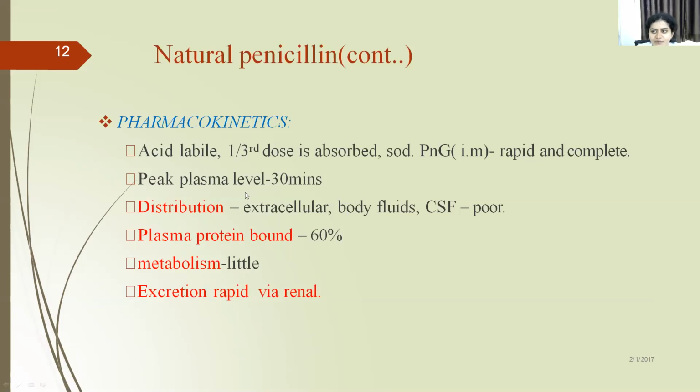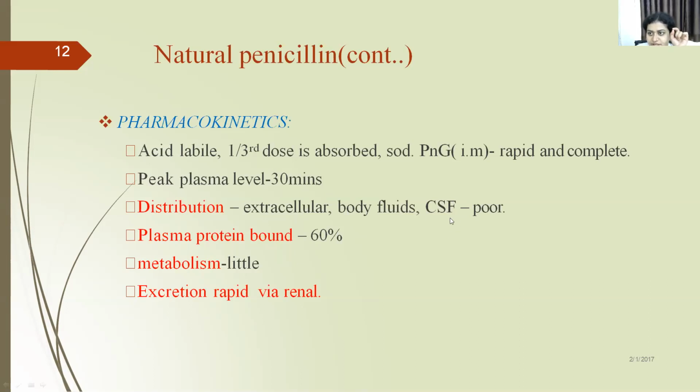The peak plasma level is reached in about 30 minutes. For distribution, remember, it distributes among all body fluids except the eyes, prostate, and CNS. It does not cross the cerebrospinal fluid.